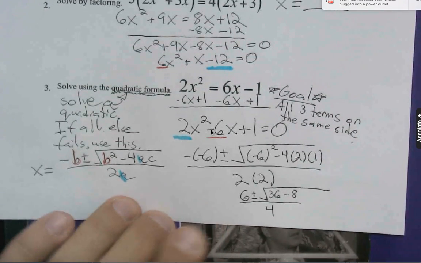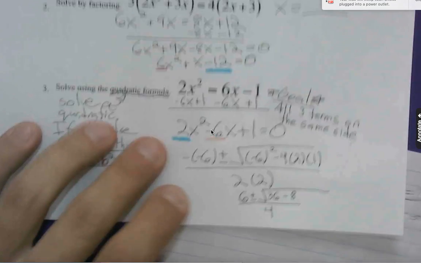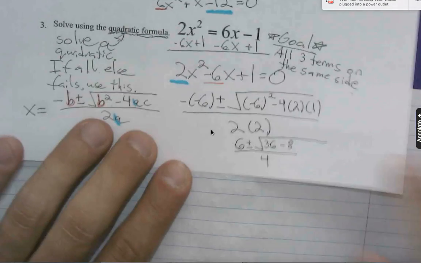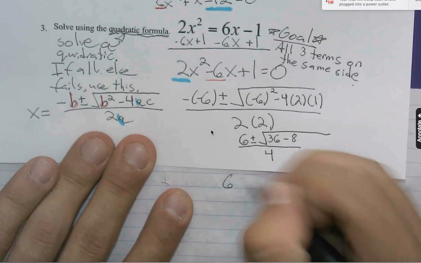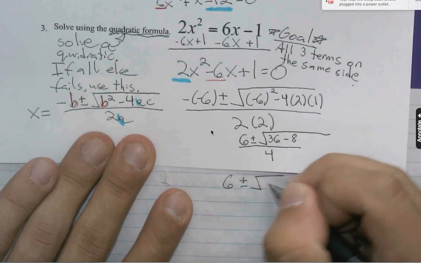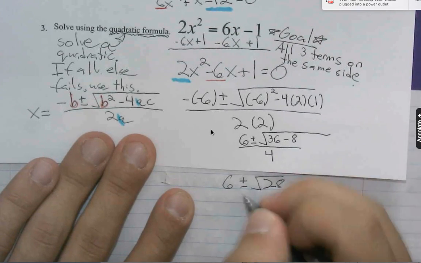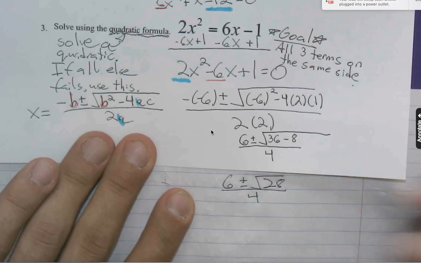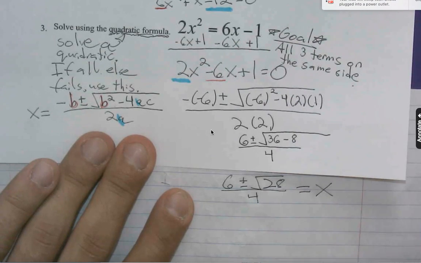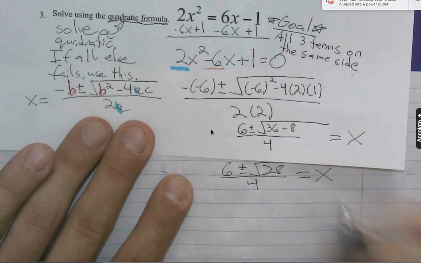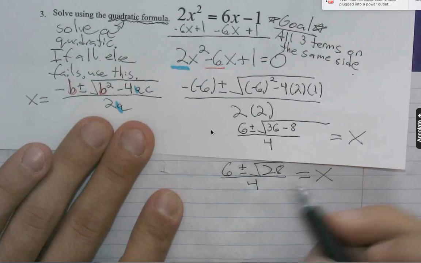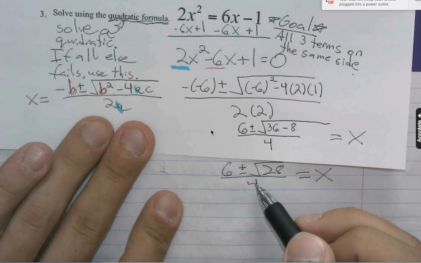So we can continue this fashion, trying to simplify this even further. In the radical 36 minus 8, we should be able to say that that's going to be the square root of 28. And this is all over 4. This is still going to give us our x values we need. This we can simplify further because this can be treated like 2 different fractions.